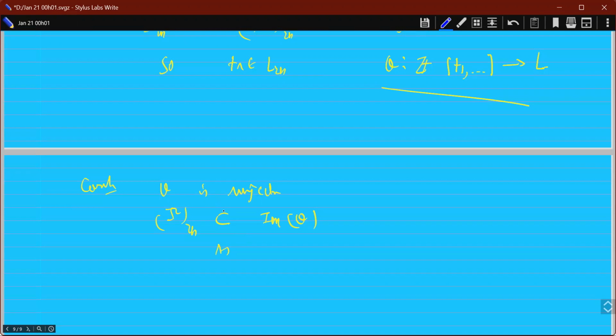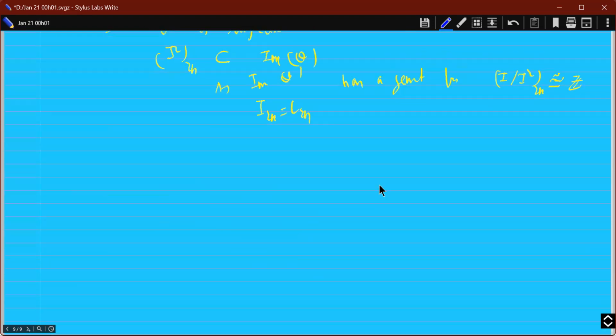Okay, so as the image of theta contains a generator for this, it should also contain the rest. So this is the basic idea, just induction.